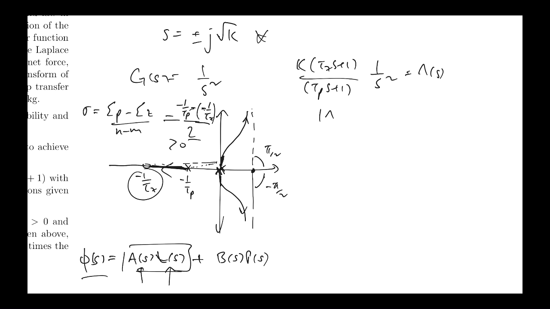So if we looked at the magnitude of lambda when evaluated at s equals j omega, and here we're plotting log omega, that's what we plot on a Bode plot, right? Then this guy here is going to give us something that's going down at 40 dB per decade, so it's going to go down by 40 for 10 across this way, right?